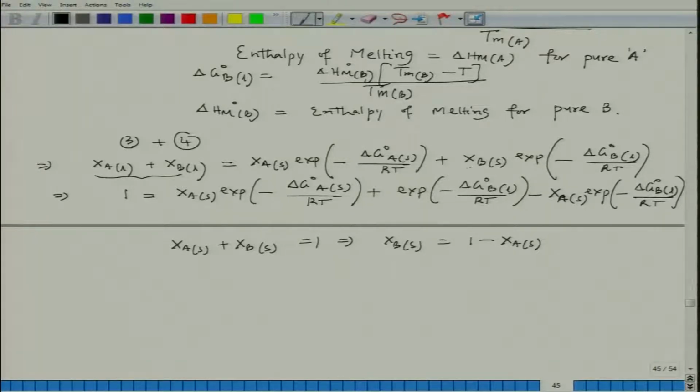So I am just replacing XBS with this term, and that is what we are getting, this equation.